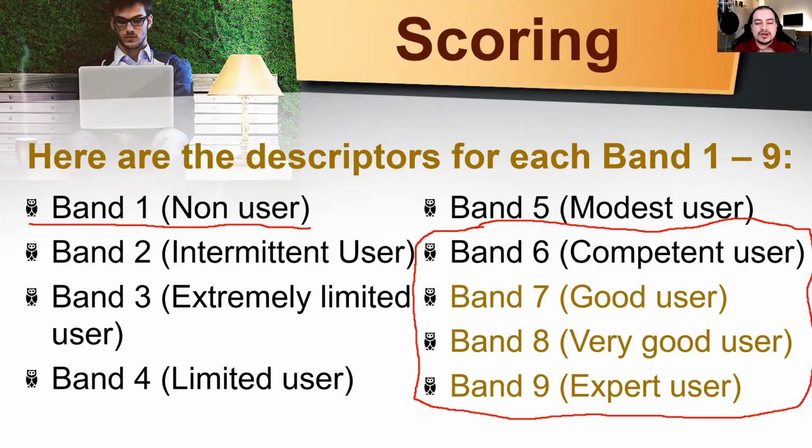Okay, you don't just want to get any band, because universities will ask you for a score of band 6 upwards. Okay, so from band 6, you're a competent user, and of course, if you get a band 9 score, then you're an expert user. Okay, so your target score should be between band 6 and band 9. Okay, we don't really care about the others. The others are not good. You're not gonna be able to use your IELTS score for anything if you get below 6.